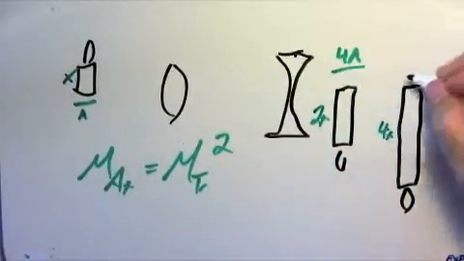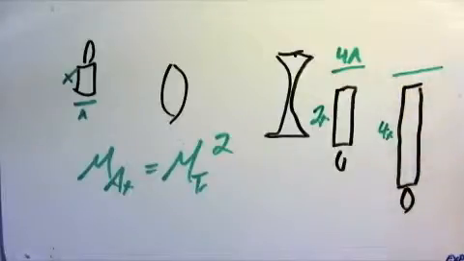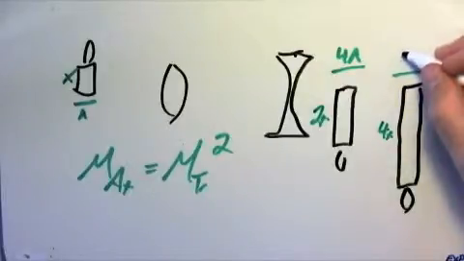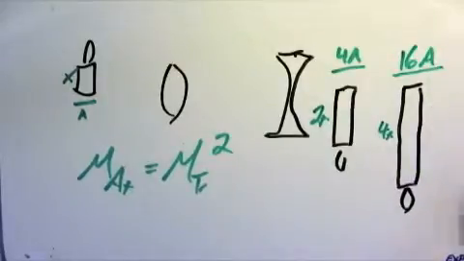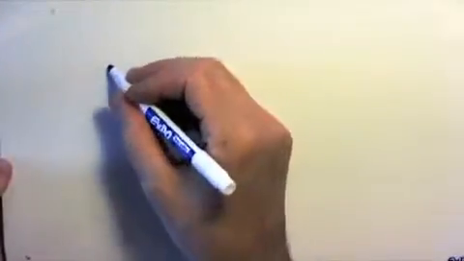This is 4a, which would make this, everyone shout it at once, 16a, or 4 squared. Anyway, that is how we solve multiple lens problems. And the trick to solving multiple lens problems is to be simple-minded, and that will always get you through.